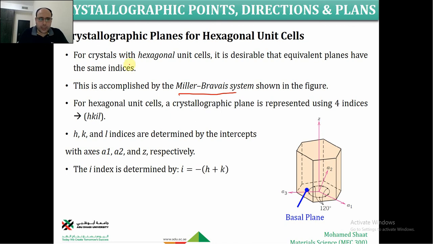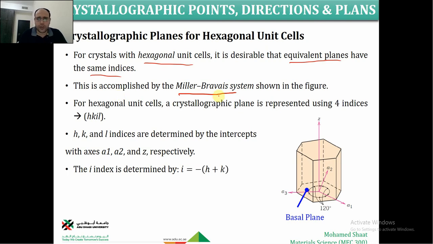For crystals with hexagonal unit cells, it is desirable that all equivalent planes have the same indices. And this cannot happen unless we use the Miller-Bravais system; the 3-axis system will give equivalent planes with different indices.